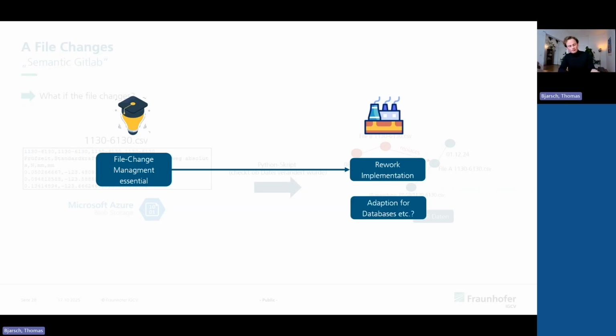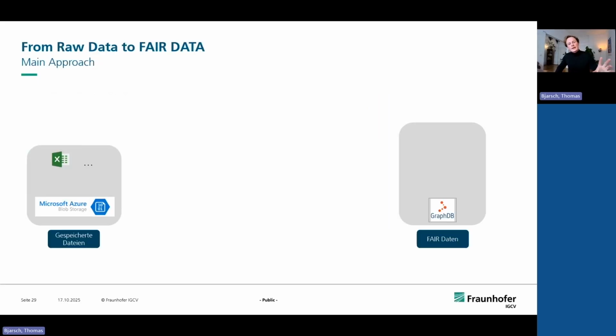And also, not all information in companies is stored in files. You also have SQL tables or so. So the same approach must be adapted to other formats, not only to files. After this step, we know which files, or for each file, we create a node in the FAIR data.